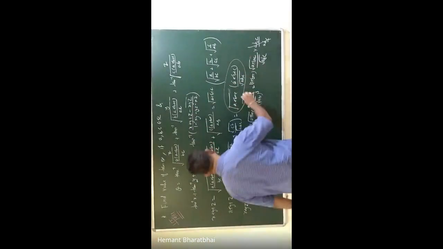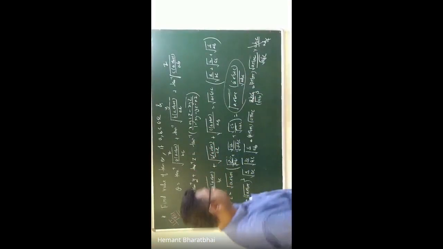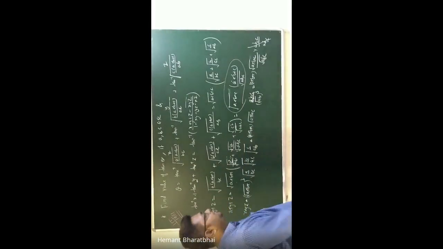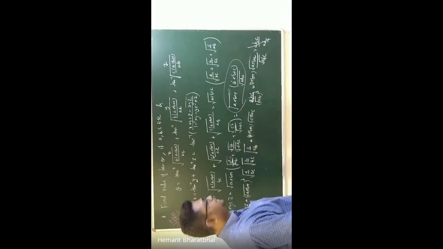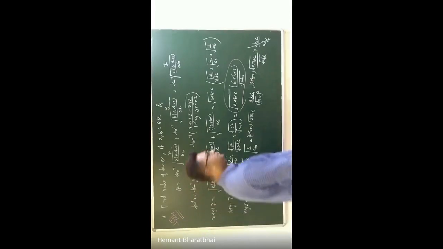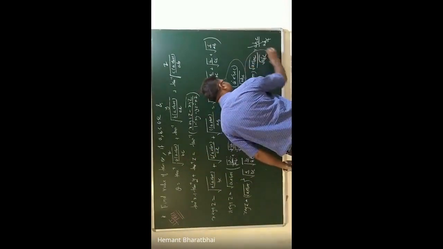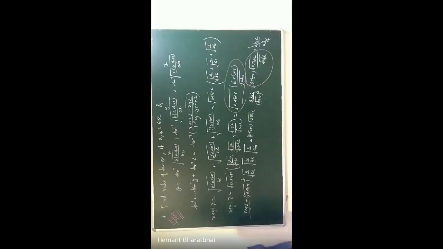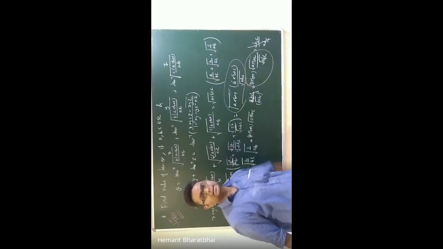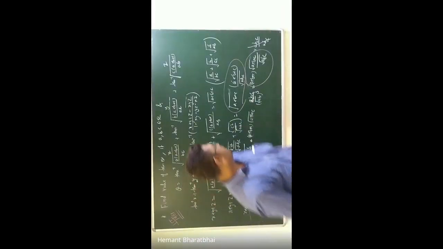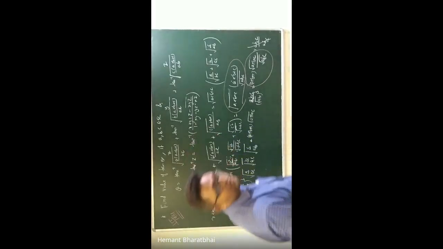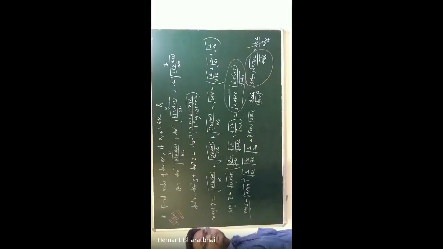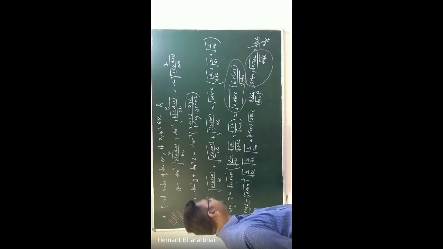So here, after simplifying, the value of x plus y plus z is root of a plus b plus c into a plus b plus c upon root of abc. Here the value of x y z is also the same: a plus b plus c into root of a plus b plus c divided by root of abc.